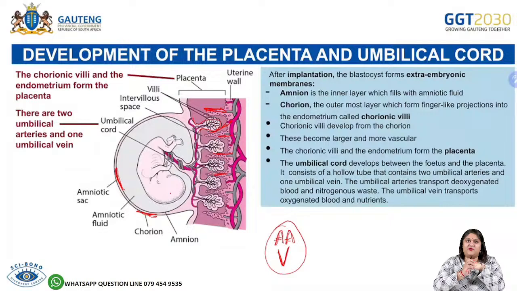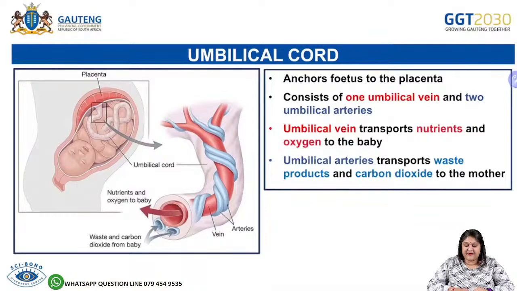When learners come to grade 12, they forget that we learned that in grade 10. That blood does not leave the blood vessels. Okay, so diffusion can still occur of carbon dioxide, oxygen, and nutrients and nitrogenous waste. However, the blood is not going to mix. Right, so this just gives you a more detailed picture of what the umbilical cord looks like. You can see we have the 2 arteries and the 1 vein over there.